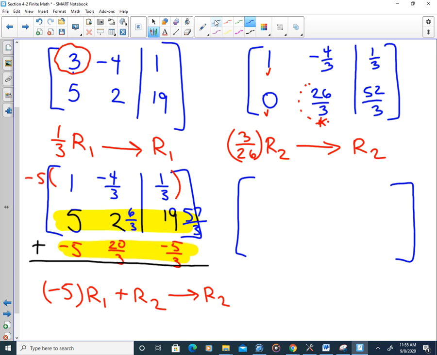So row 1, again, is the same. Now row 2, I'm multiplying that whole row by 3 over 26. So I'm going to get 0, 1, and then 26 goes into 52 how many times? Twice. So 3 over 26 times 52 thirds will be 2.